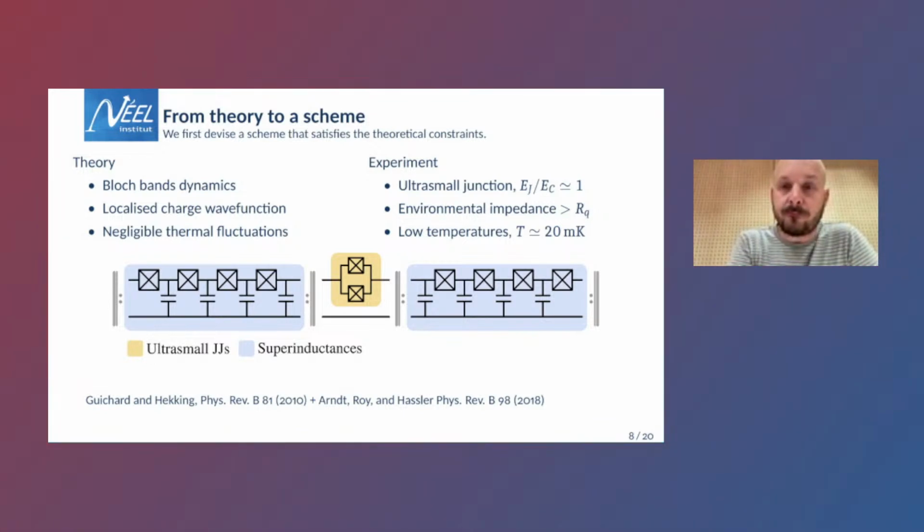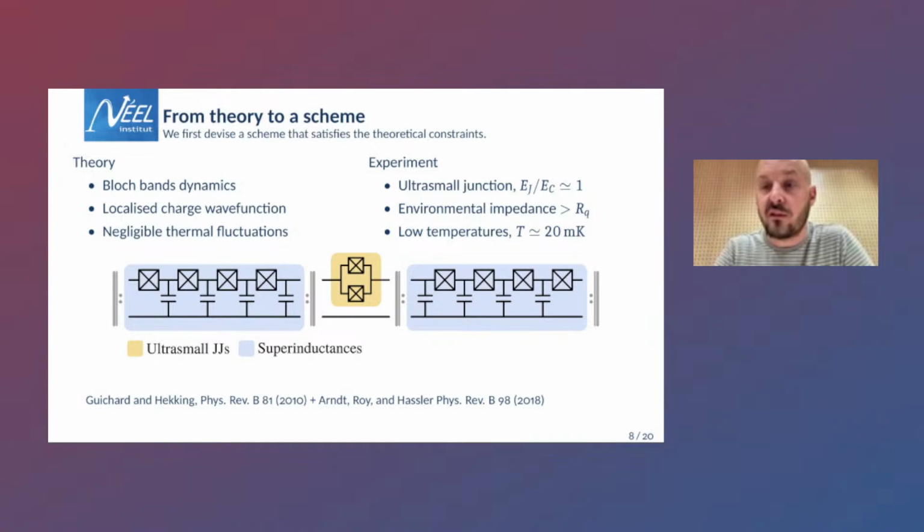So then we got inspired by these two theory proposals, and they explain very nicely that to provide a large impedance, you don't need a large resistance. You could do it with a very large inductance as well.